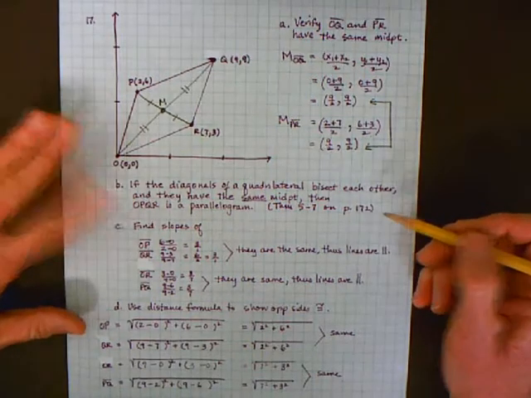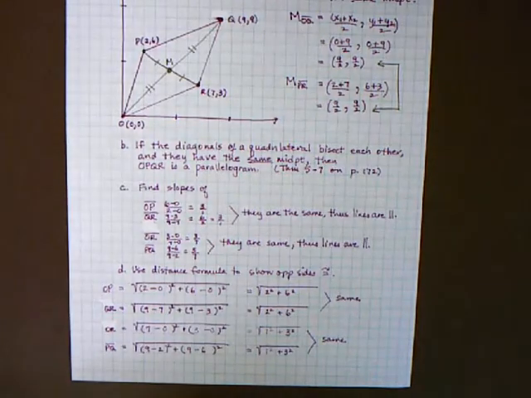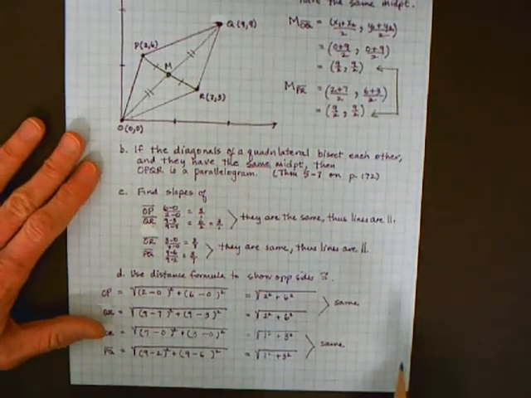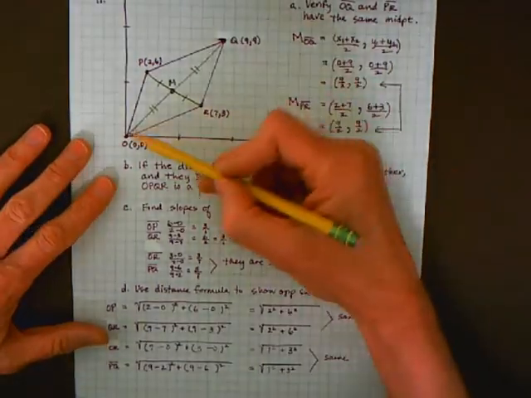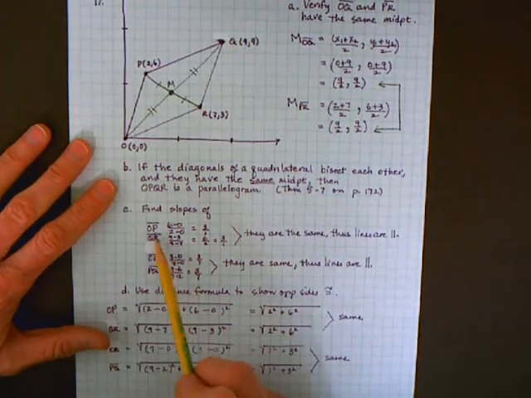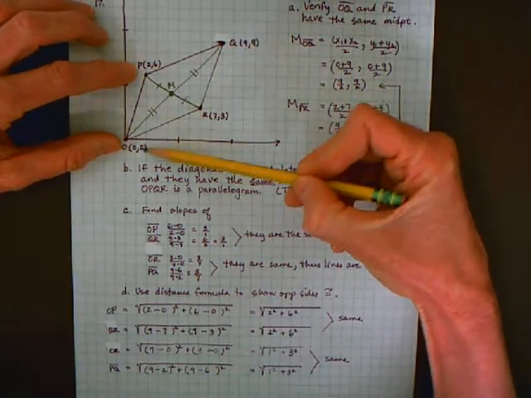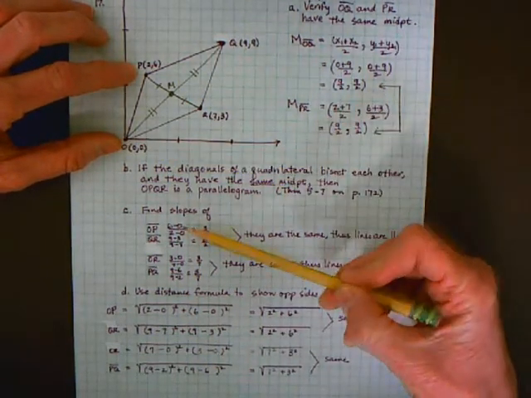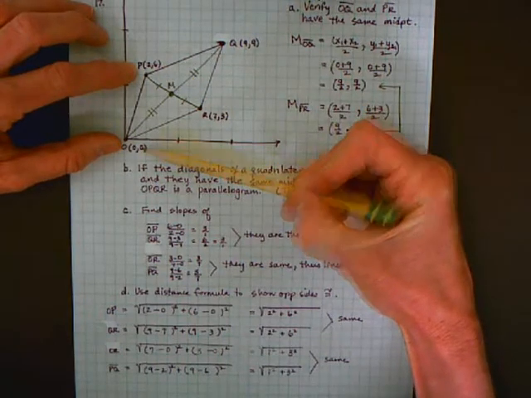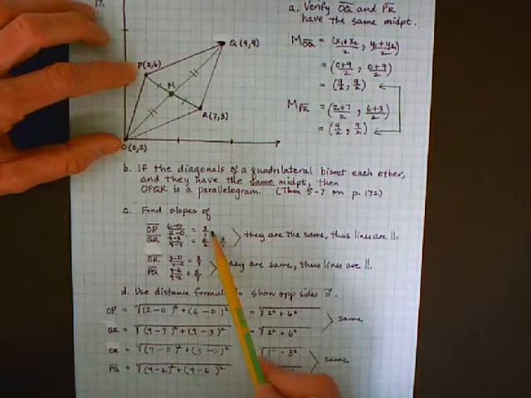Okay, that's part B. Part C, we want to continue to verify that we have a parallelogram, so we want to find the slopes of all of our lines here. The slope of this line, this line, this line, and this line. The slope of OP, let's look at this first. Rise over run, 6 minus 0 divided by 2 minus 0. So that's 6 over 2, that's 3 halves.